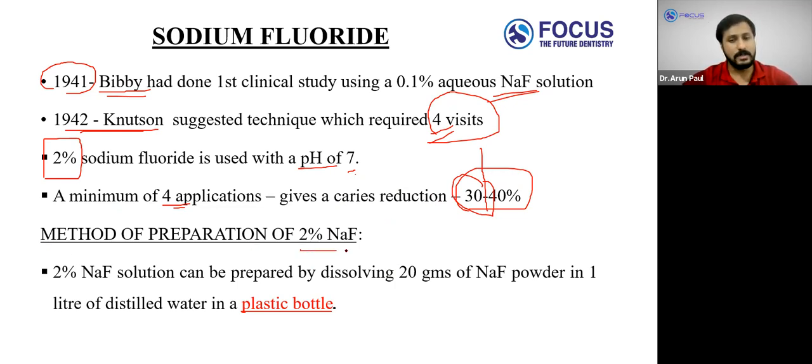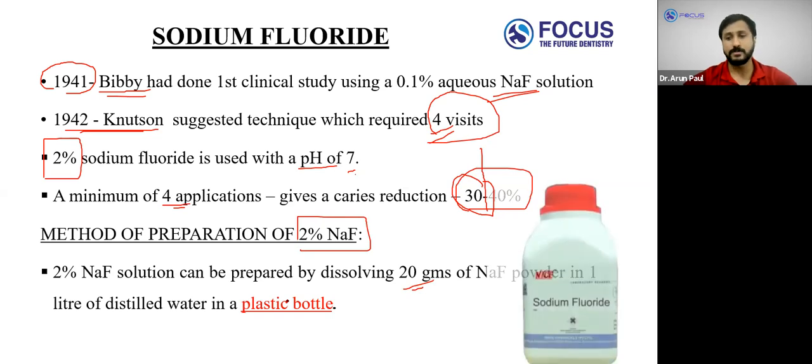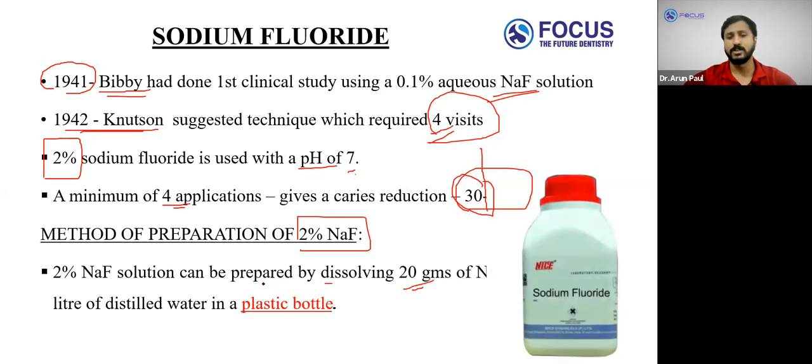And 2% sodium fluoride is prepared by 20 grams of powder in 1 liter of distilled water in a plastic bottle. Here something is very interesting about sodium fluoride: it does not react with glass. Unlike other fluorides which corrode and react with glass, you can safely store sodium fluoride in a plastic bottle.